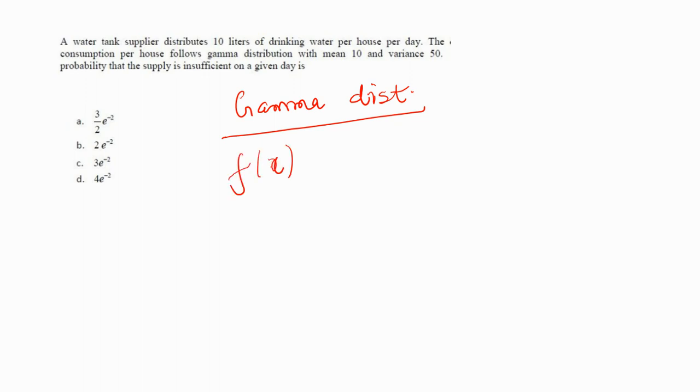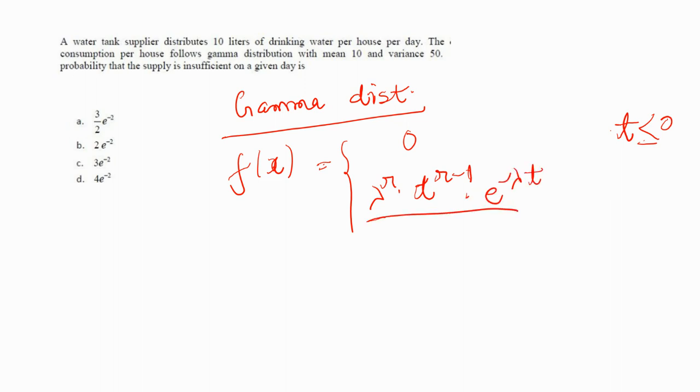Gamma distribution is also a continuous distribution and it has value 0 when t is less than 0, and lambda to the power r times t to the power r minus 1 times e to the power minus lambda t, divided by gamma r, where t and r are greater than 0.